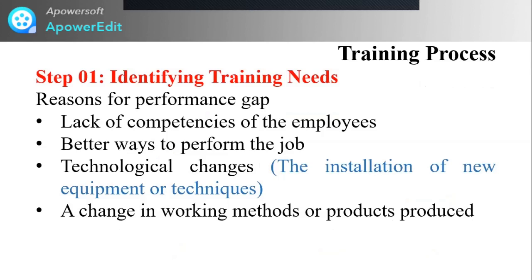Then, reasons for the performance gap. What are the reasons? The first one is lack of competencies of the employee. For example, I am not aware how to operate the machine. Sometimes we can find the worker's way is proper and the worker's knowledge is okay, but there is another best way to do the job.